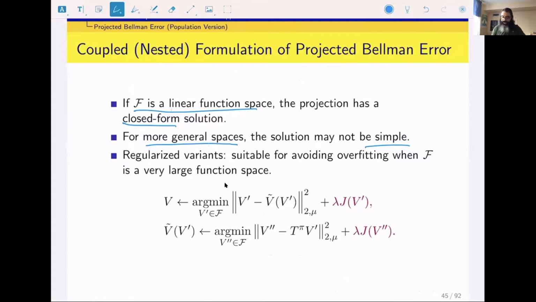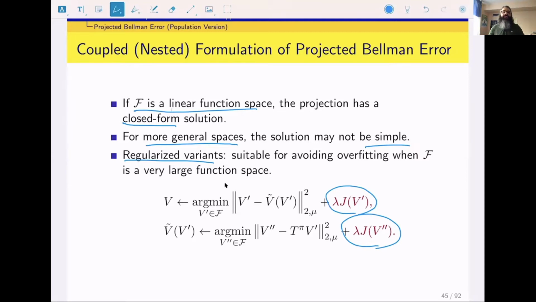The other comment that I want to mention is that this formulation has a regularized variant, which means that we add some regularization term to each of these optimization problems. And regularization, as you know from, say, your machine learning course, is useful to avoid overfitting. That would be especially important if your function space is large, so there is a possibility of overfitting.